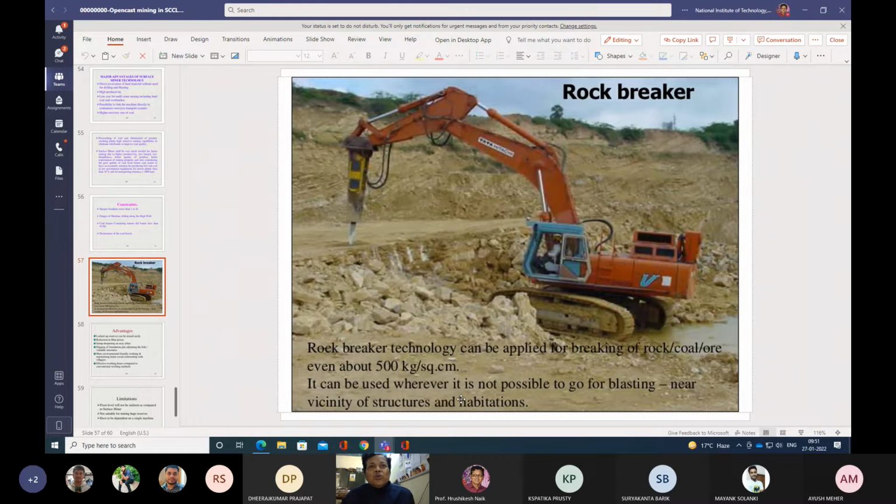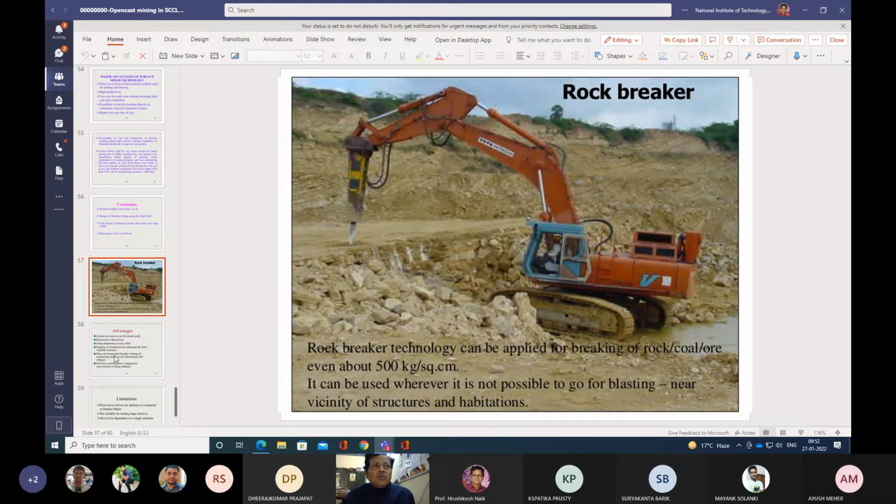It can be used wherever it is not possible to go for blasting, near vicinity of structures and habitations, near villages and near important structures. It breaks the rock by the help of this tip. So there is no need of drilling and blasting here. By the help of this rock breaker, the material is broken.